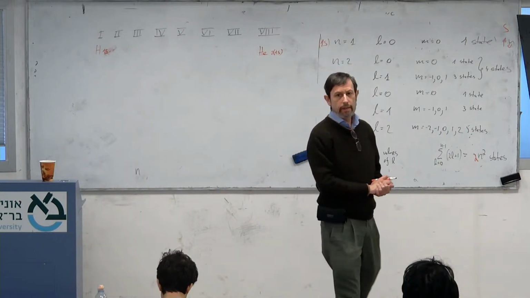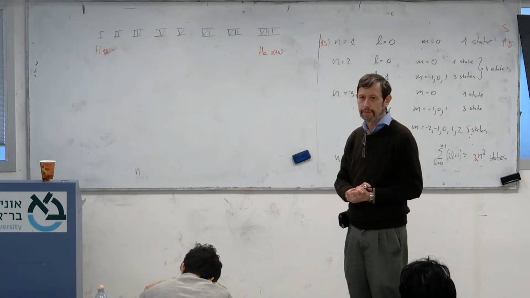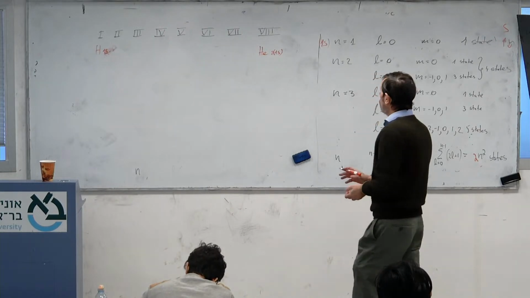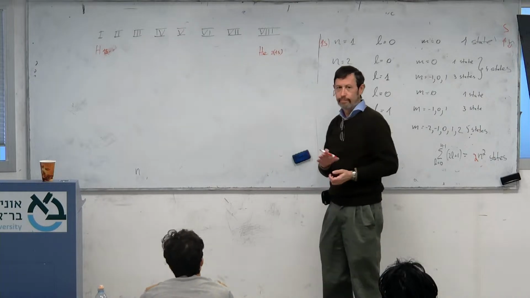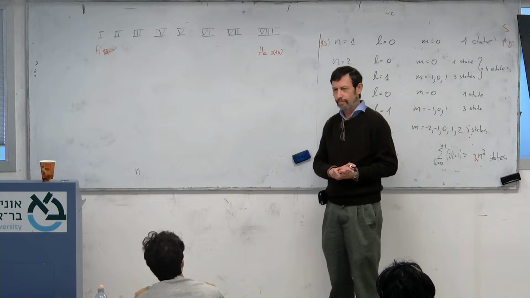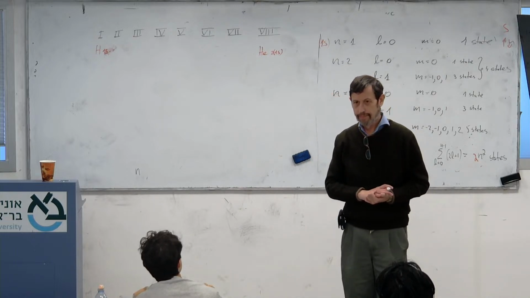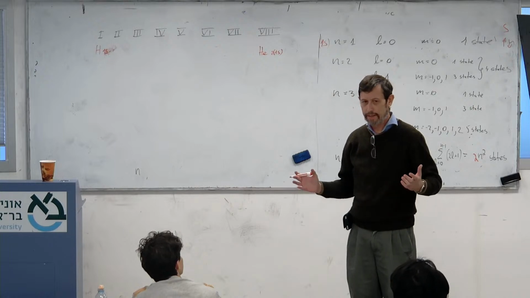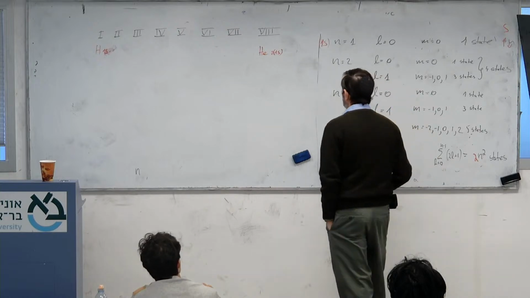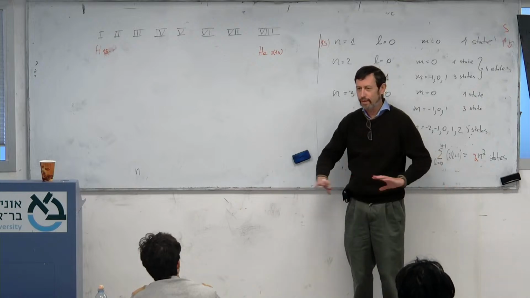Now comes an extremely important concept in chemistry. What is this column called? Noble gas. Why is it called noble? Because like any nobles, they don't like to interact with anything else.